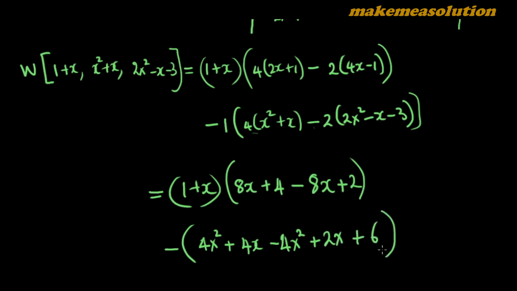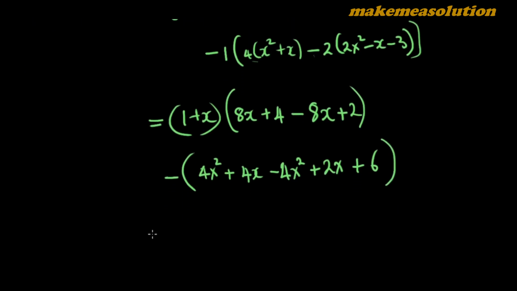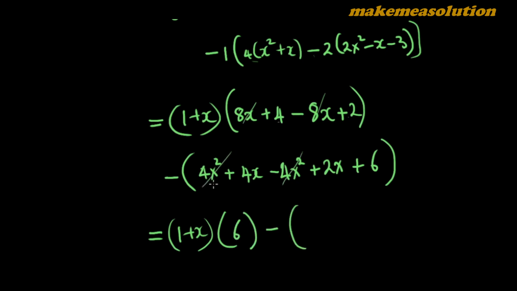If we evaluate further, we get 1 plus x into, 8x cancels 8x, and 4 plus 2 is 6. Then minus, open bracket, 4x squared minus 4x squared is 0, then 4x plus 2x is 6x, plus 6.